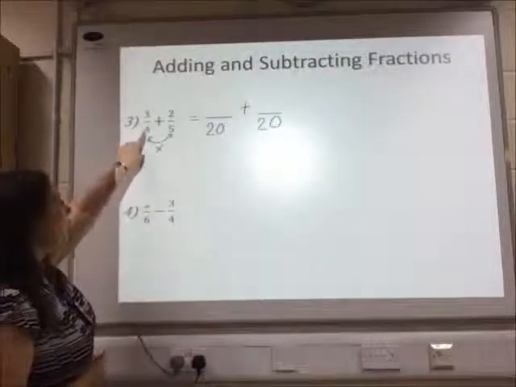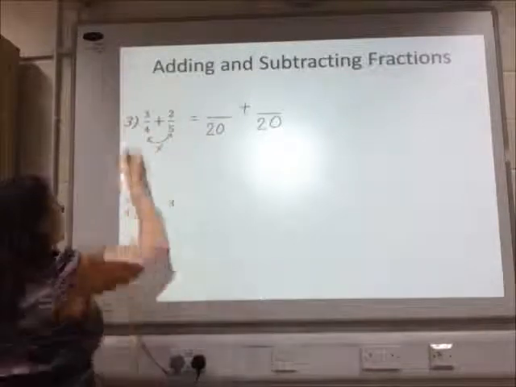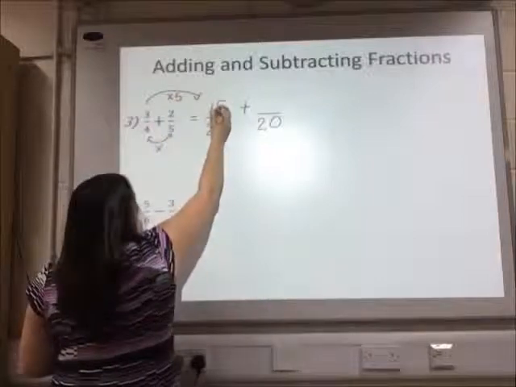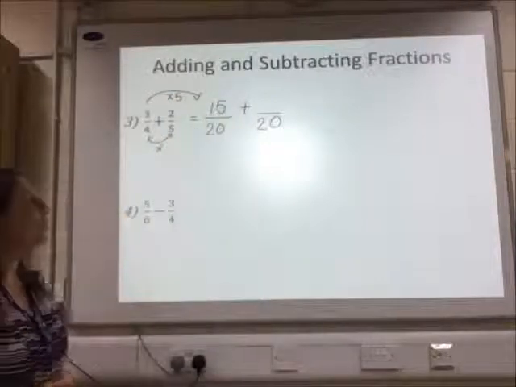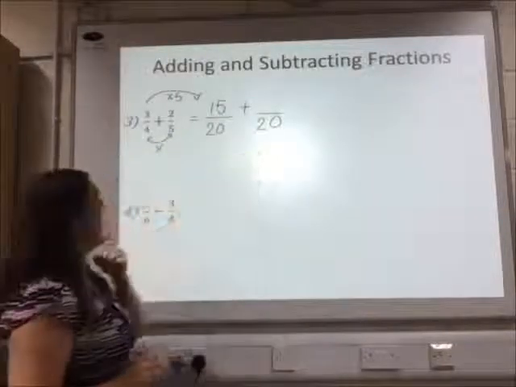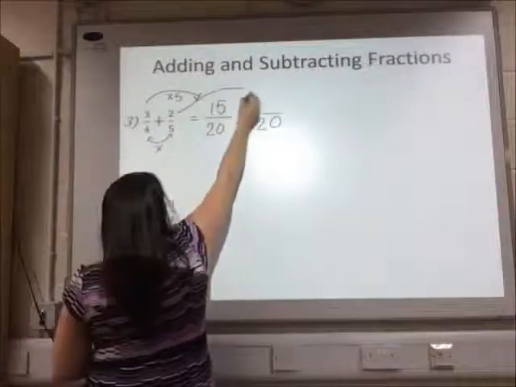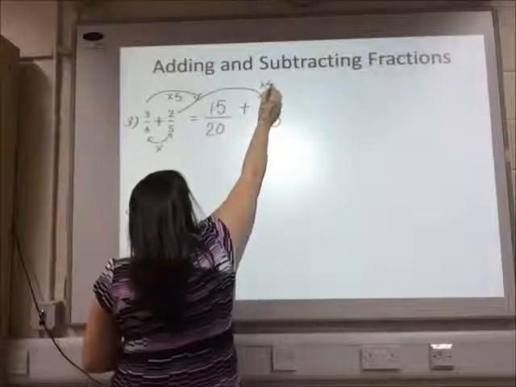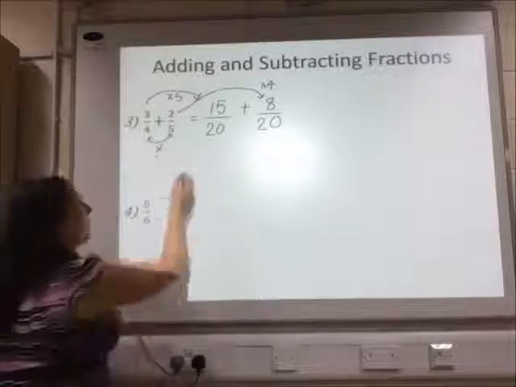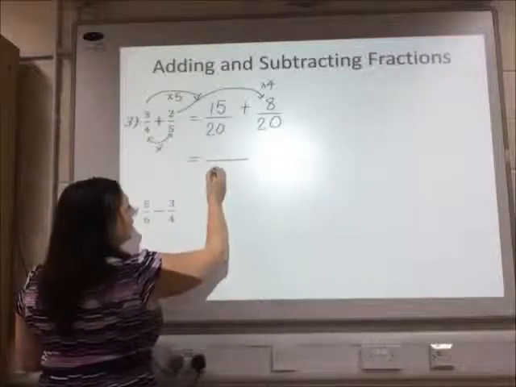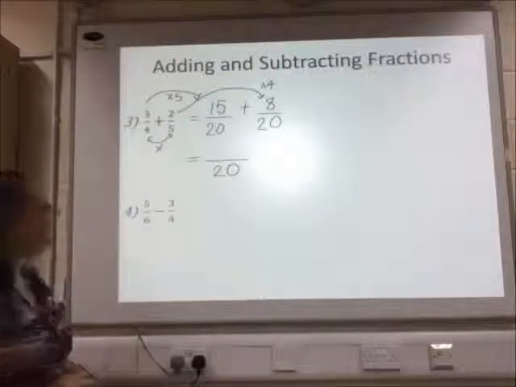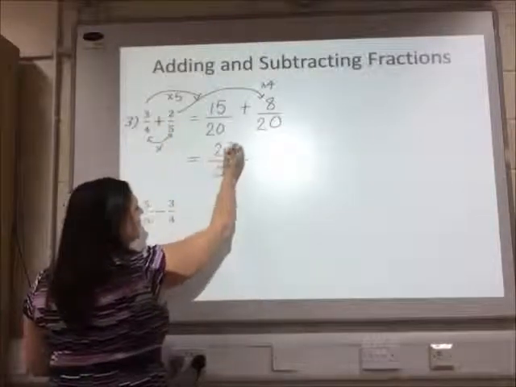We multiplied 4 by 5 to get 20, so we must multiply 3 by 5, as you must always do the same to the top as you did to the bottom. We multiplied 5 by 4 to get 20, so we must multiply 2 by 4 to give us 8 across the top. Remember, the denominator now remains as 20, and 15 plus 8 will give us 23.